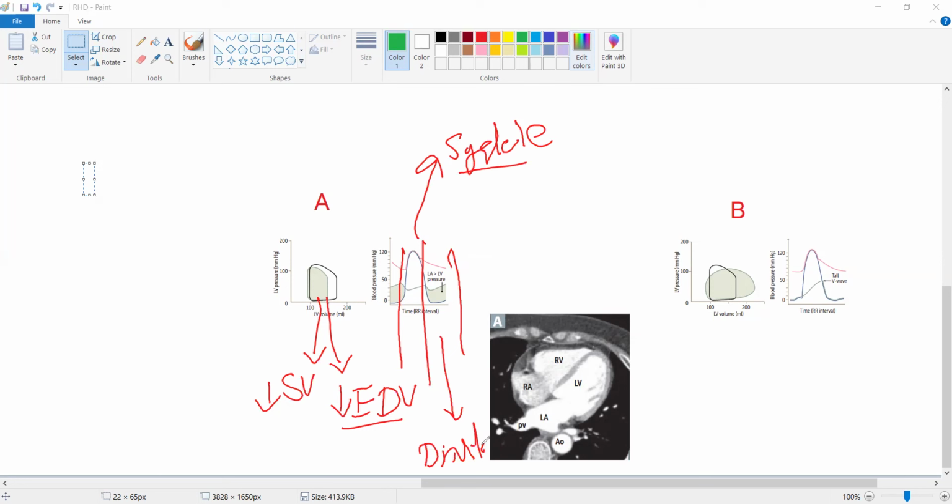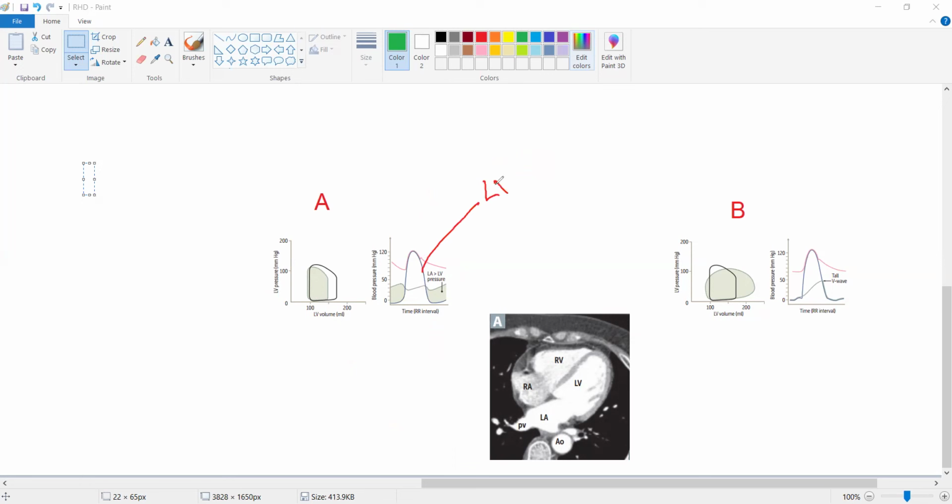So what happens during diastole? During diastole, left atrial pressure is more than left ventricular pressure. This one is the left ventricle pressure, and this is the left atrial pressure. So this is diastole. You note that the left atrial pressure is more than the left ventricle pressure.